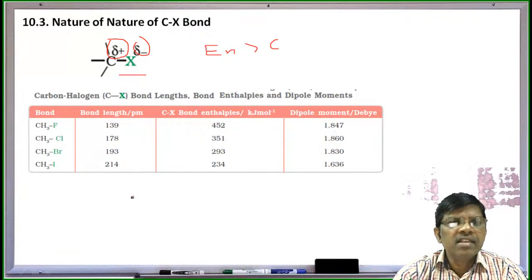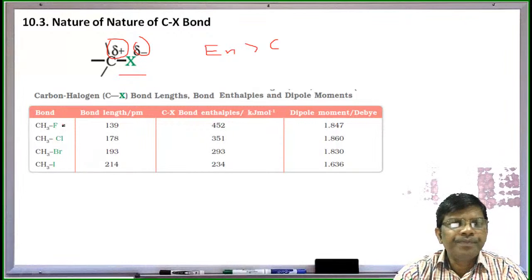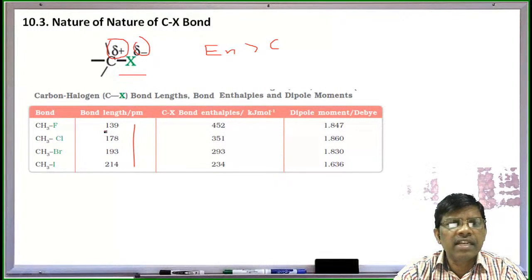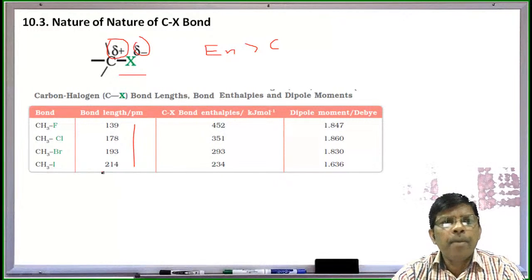Dear students, as we know, moving in the periodic table from top to bottom, the bond length of C-X increases, isn't it? Fluorine's bond length is just 139 picometers. When it comes to chlorine, 179, then 193 and 214. This is how bond length increases and enthalpy decreases.